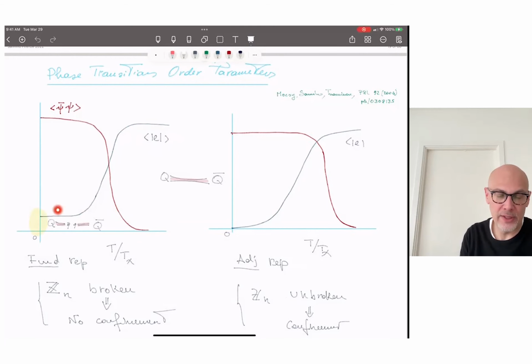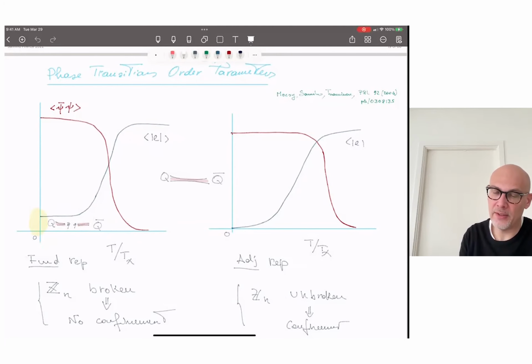The reason for this is that in the fundamental representation, if you try to take two heavy quarks and pull them apart, you can break the chromomagnetic string by introducing light quarks, and that actually makes the Polyakov loop not an order parameter. If you want, it breaks the center symmetry.